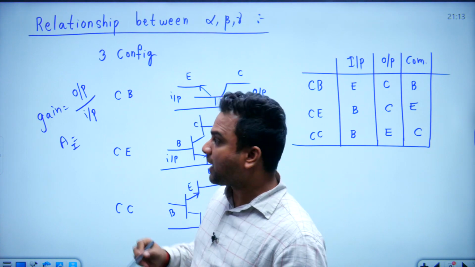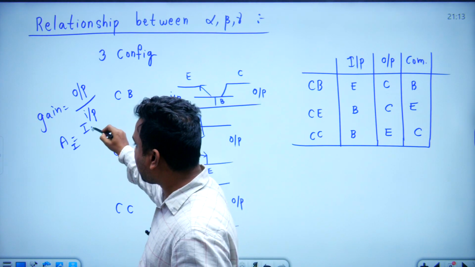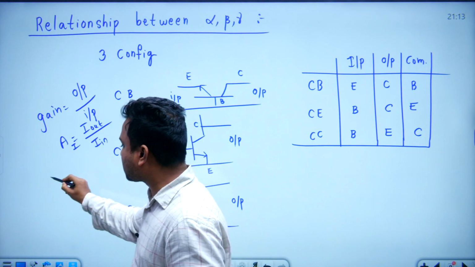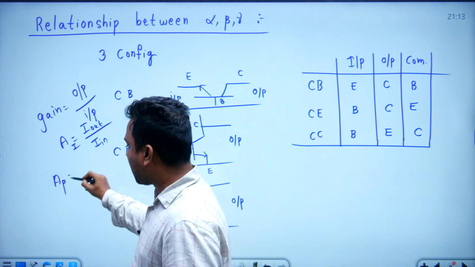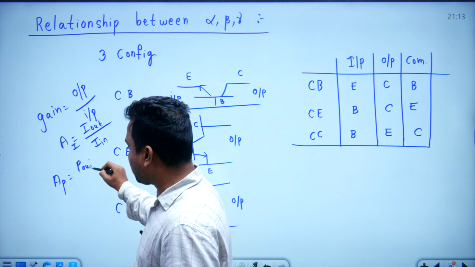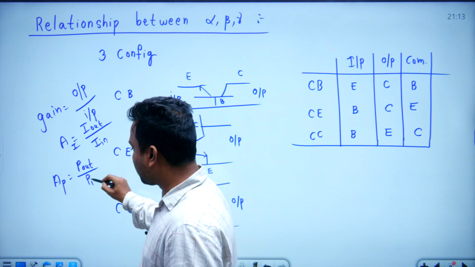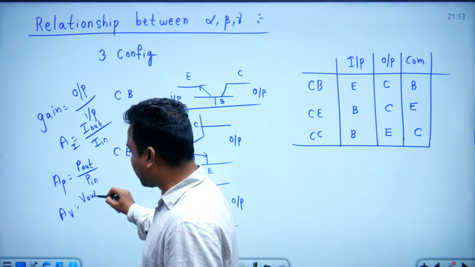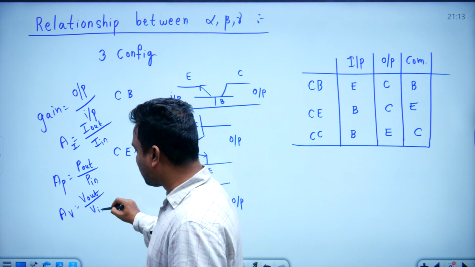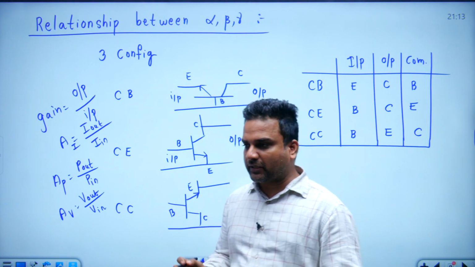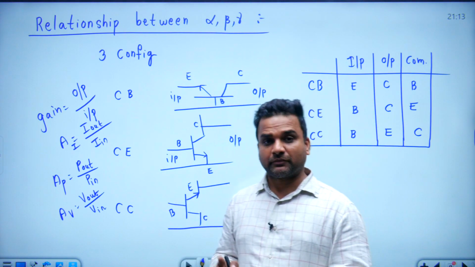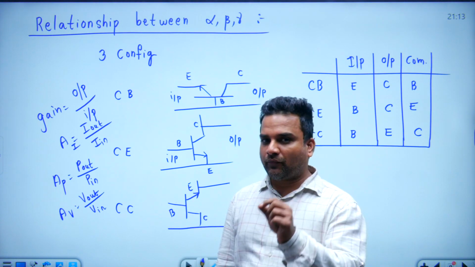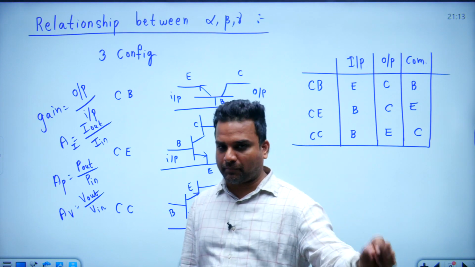The formula is I out by I in. Similarly, what is power gain? Output power by input power. Voltage gain means output voltage by input voltage. That is current gain, voltage gain, power gain. Remember. Now, the point is alpha, beta, gamma.